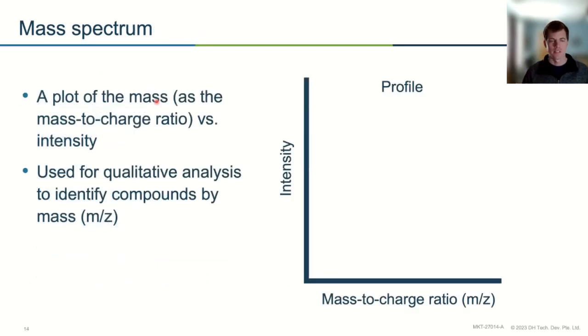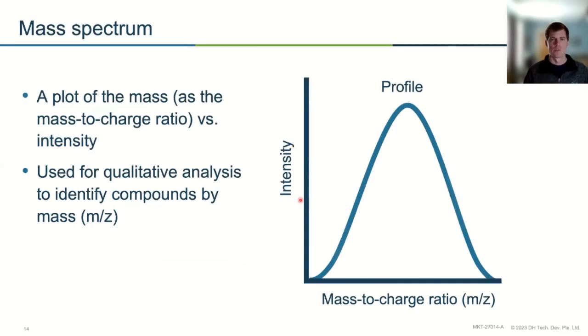So just to get started, a mass spectrum is simply the plot of the mass, or here the mass to charge ratio, which I will cover, just hold your horses on that, on the x-axis, and then intensity. And in all of these analyses, we talk about mass spectrometry being quantitative or qualitative.